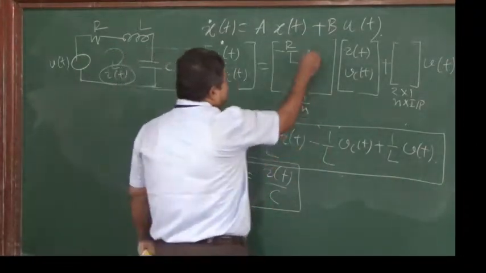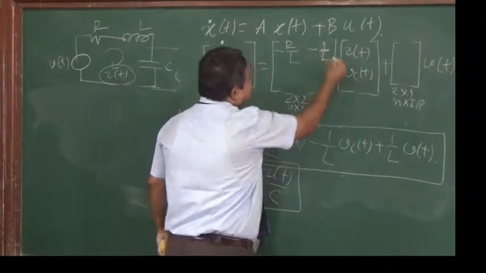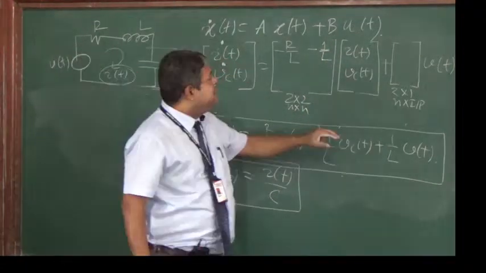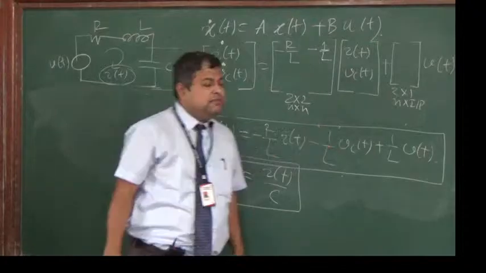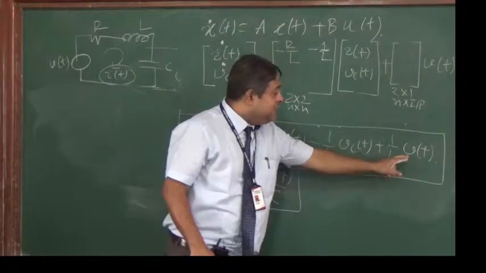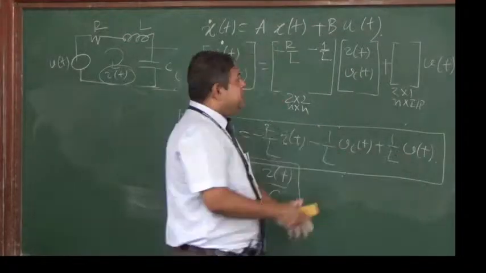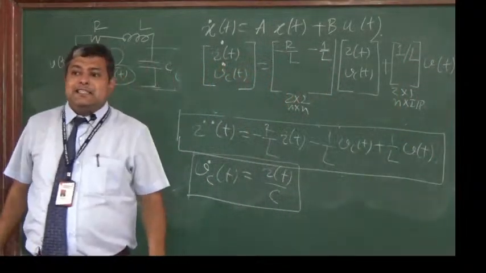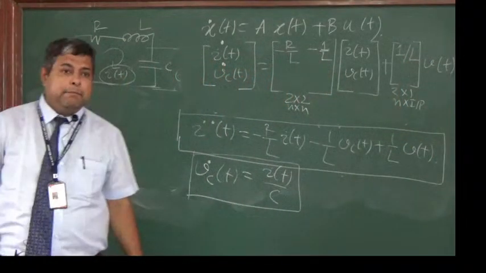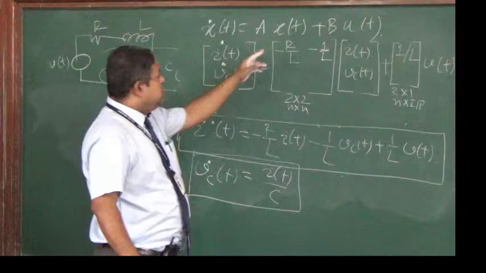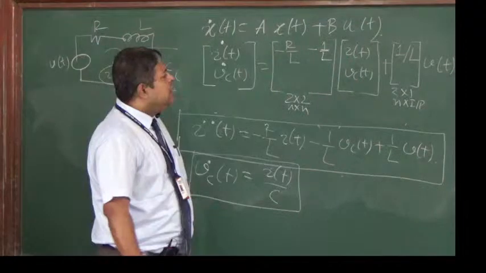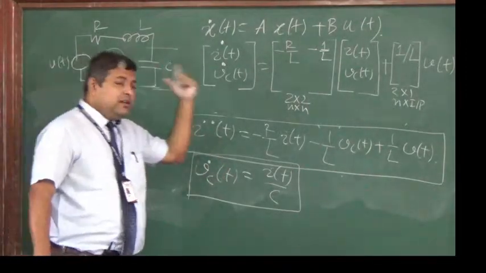It is minus 1 by L. What's remaining is the input, so that coefficient will be 1 by L. So i dot t is equal to minus R by L of i(t) minus 1 by L of v_c(t) plus 1 by L of v(t). That means the B matrix has its coefficient on the input.